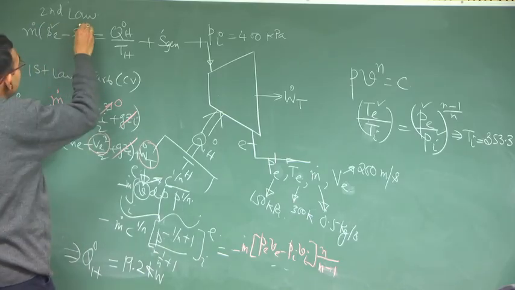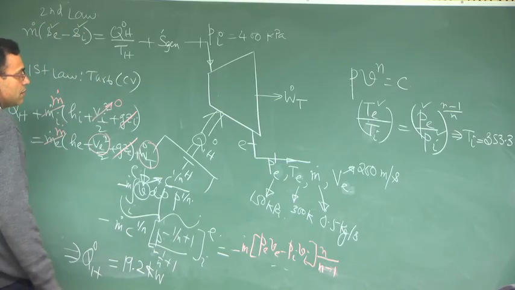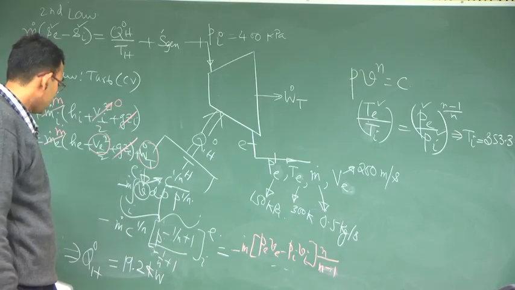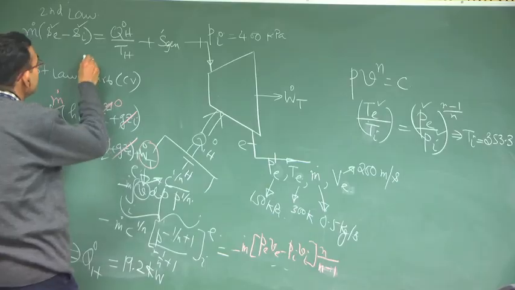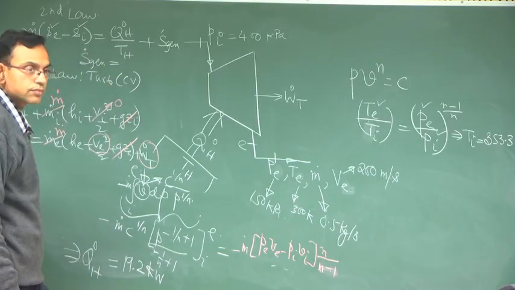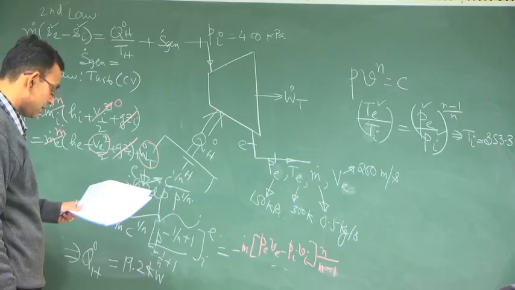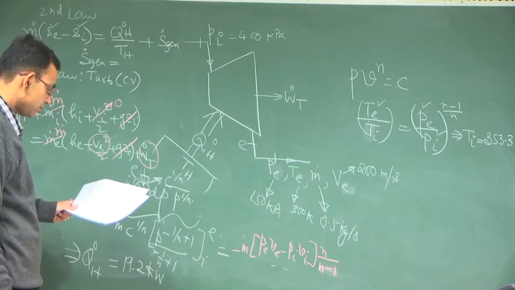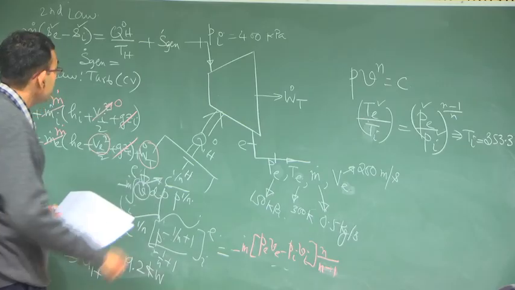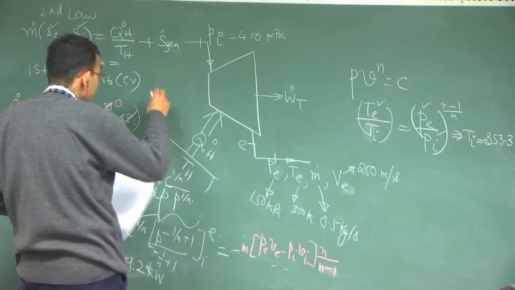So, Se minus Si, again you can use the ideal gas formula, Q dot H you have calculated, so you will get what is entropy generation. So, entropy generation is 0.0163 kilowatt per Kelvin.